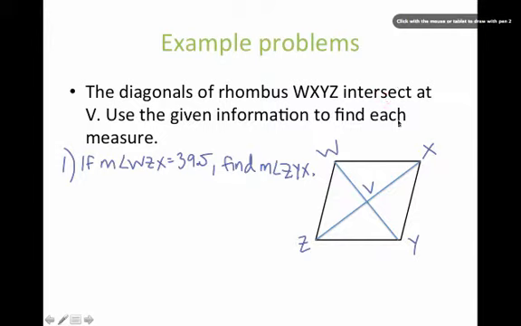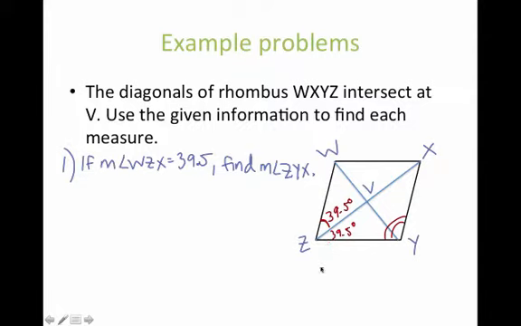So WZX is right here, and that's 39.5. And I want to find the measure of angle ZYX over here. So remember, the diagonals of a rhombus bisect the angle, so this angle would also be 39.5 degrees.